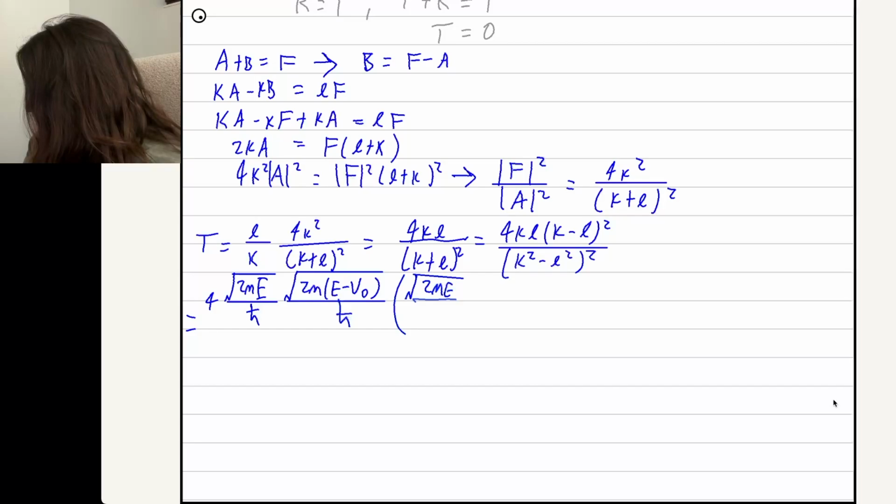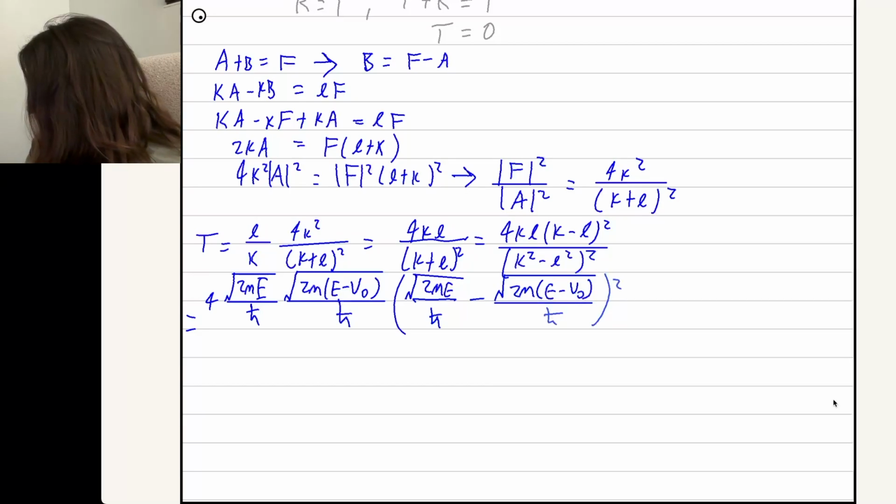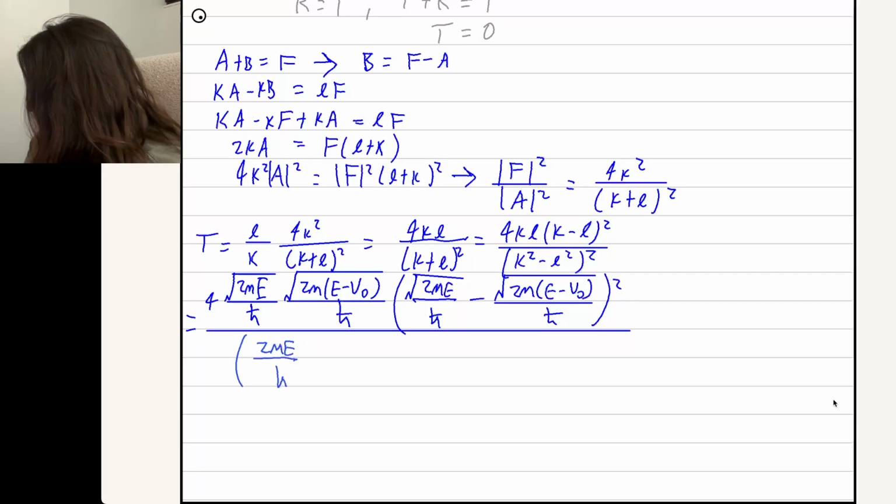This is over h bar, and then this is 2m times E minus V naught, all over h bar, and squared. On the bottom side, K squared was just 2m E over h bar squared, and then L squared is 2m times E minus V naught over h bar squared, and it's all squared. Cool stuff there.